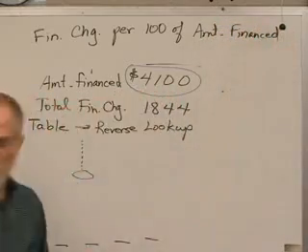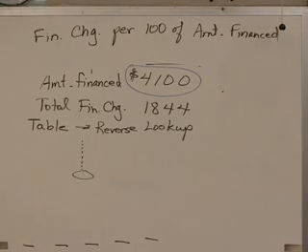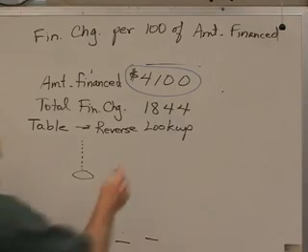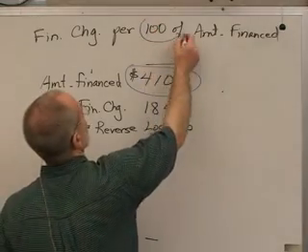Now, the way we get the formula out of these words, which will be given to you with the table on the test, is first of all, we set this aside for a moment.